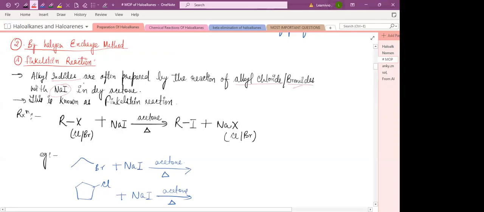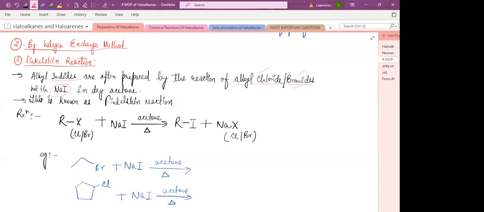Okay, so what are the conditions of this? The reagents we use are alkyl chloride or alkyl bromide. I will discuss why we don't take alkyl fluoride or iodide. Fluoride is quite electronegative, and sometimes we can prepare it using fluorine also, but only in some rare conditions.